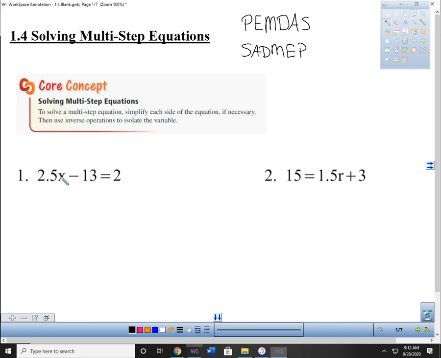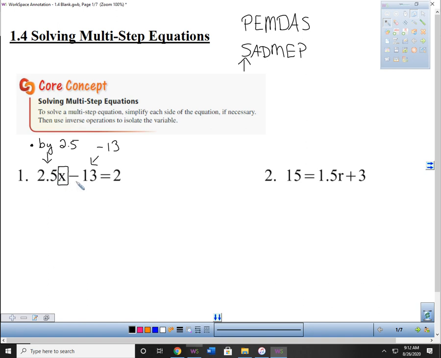So if you're looking at this, this is what I mean. Here's the variable I want to solve for. So I look on this side and I see, okay, I'm multiplying by 2.5 and I am subtracting 13. So if I'm going to go backwards, the first thing I have to undo is the subtraction.